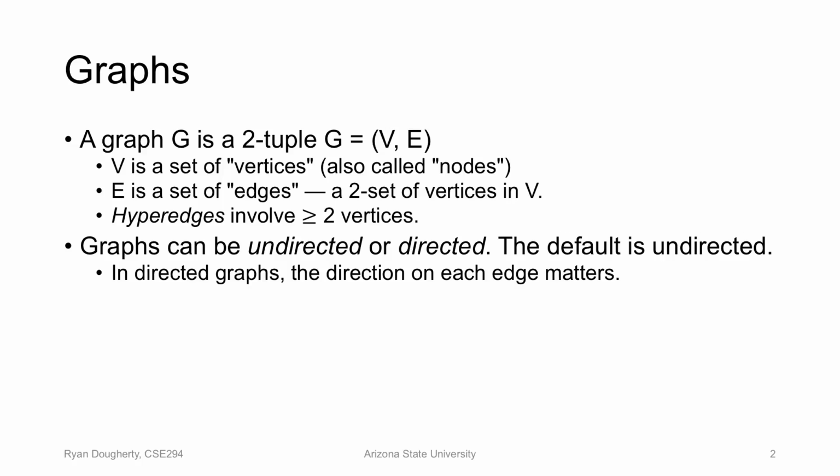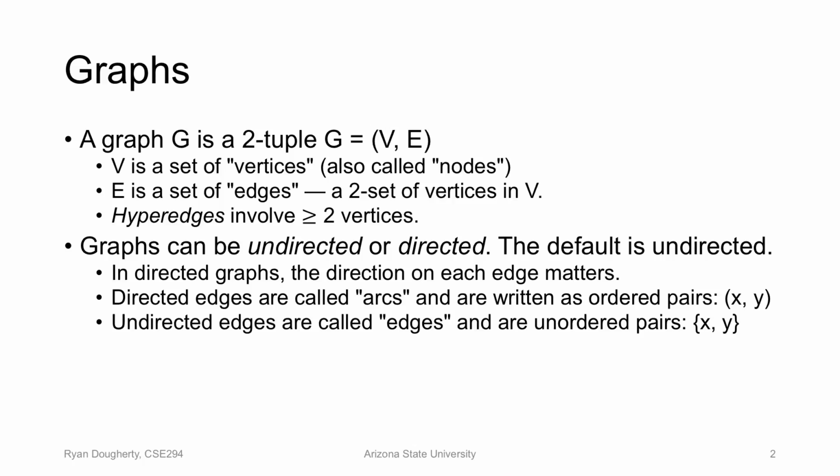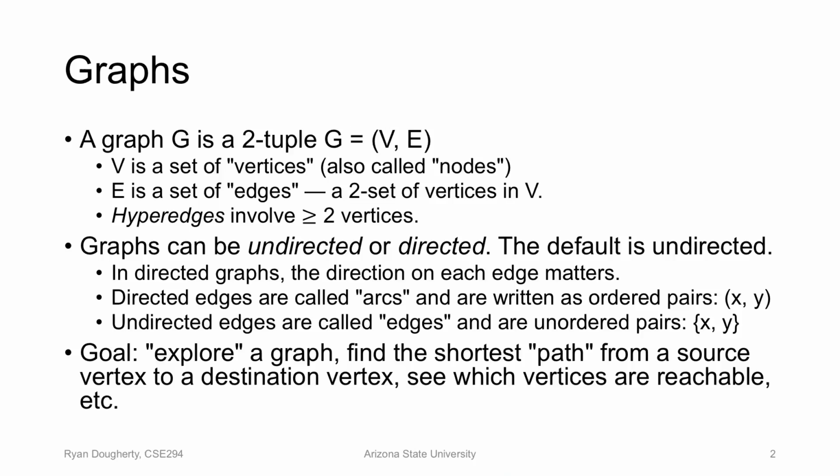Directed edges are also called arcs, and undirected edges are just called edges. I usually write these directed edges or arcs as ordered pairs. So here it means x has an edge going to y, and undirected means there's an edge that goes from x to y and y to x. So it doesn't matter what direction it is.